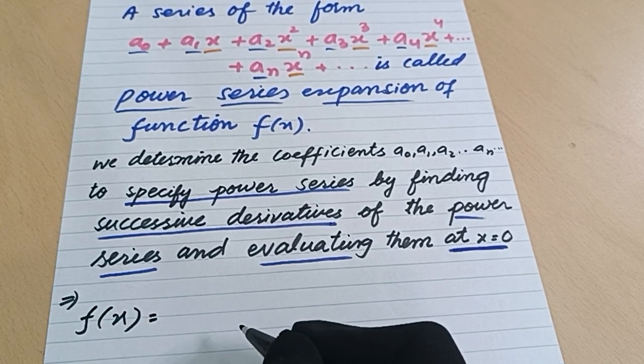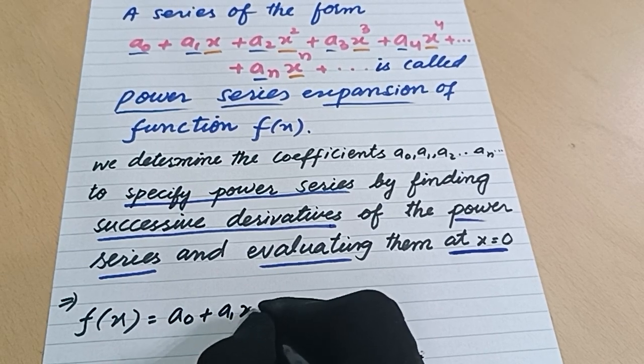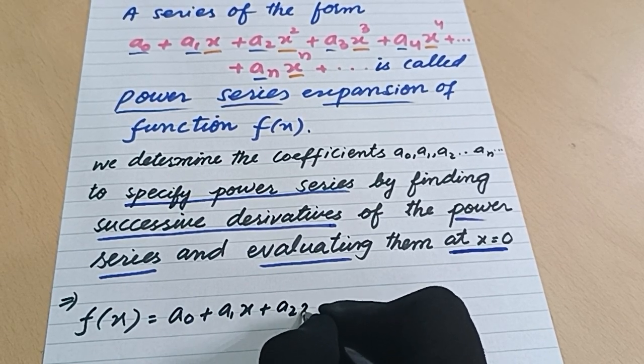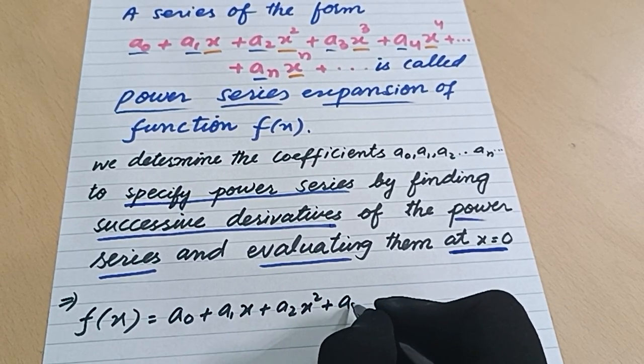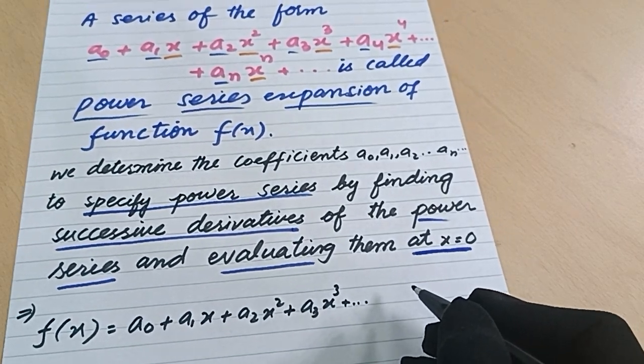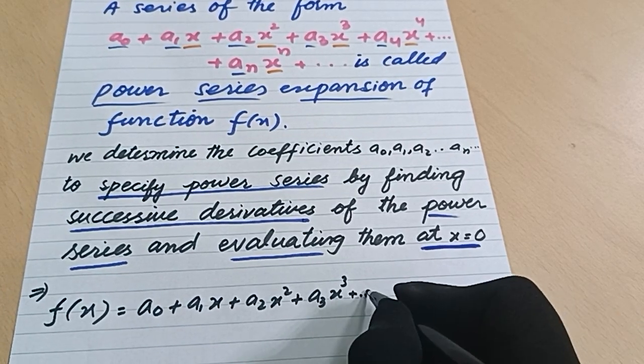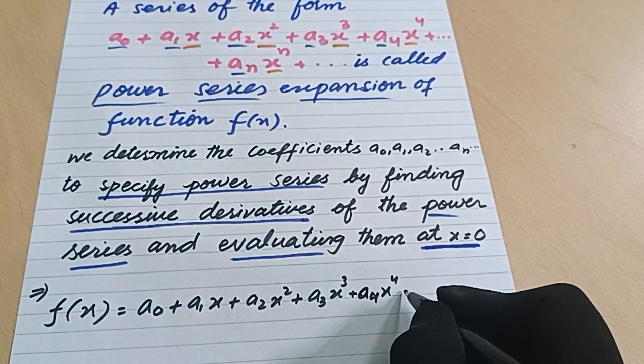Our function which we have supposed is a naught plus a1x plus a2x squared plus a3x cubed plus so on. Let me write down only a few terms; as I go on, I will continue writing the other terms also. a4x to the fourth up to that one.